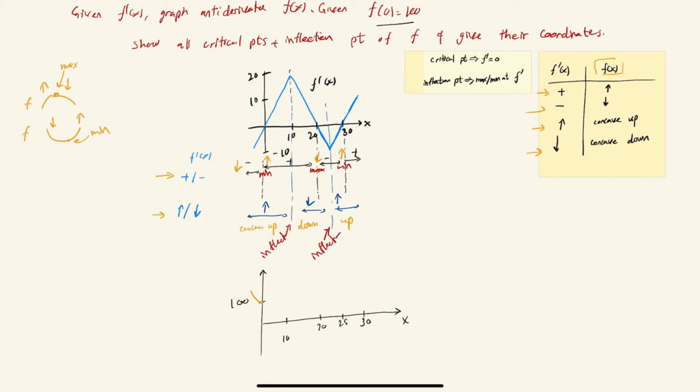Now on the second interval, f of x will be increasing and we're going to have an inflection point and still be concave up. Note our inflection point here is going to be at x equal to 10. On the third interval, f of x will be concave down and we have a local maximum at 20 and the function is still increasing.